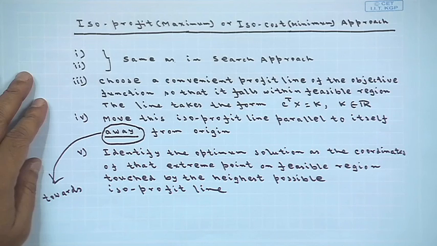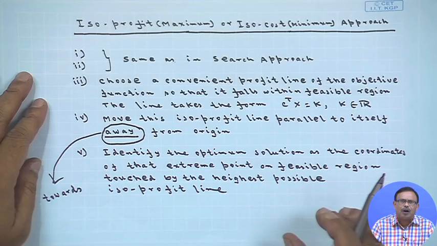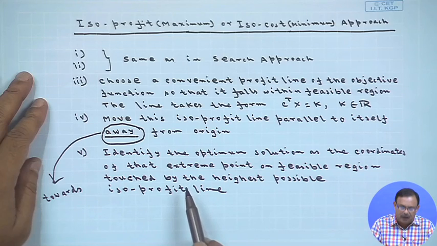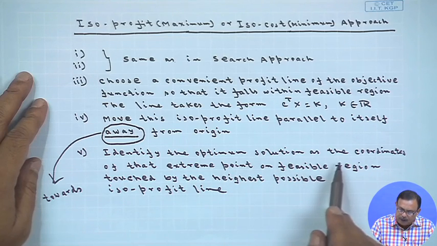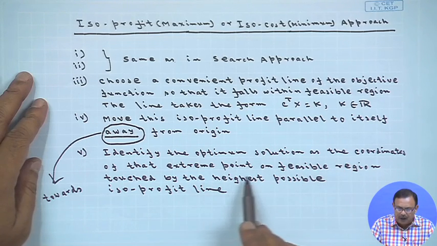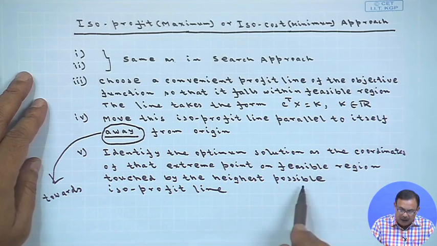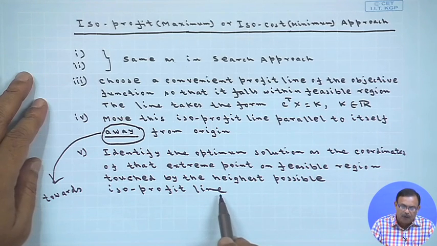That means I have to minimize the distance from the origin to that line, and I have to maximize the distance of that line from the origin if it is a profit function. And the last step is to identify the optimum solution as the coordinates of the extreme point of the feasible region touched by the highest possible ISO profit line.